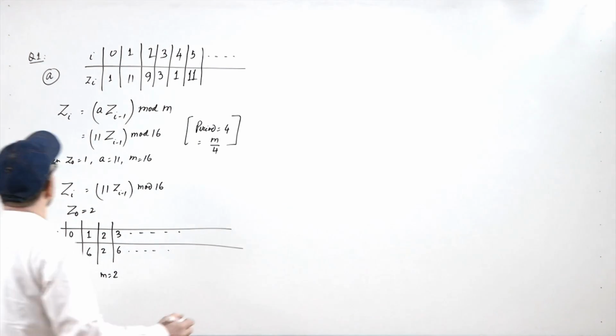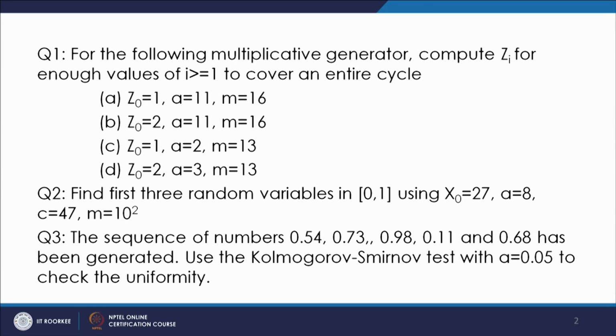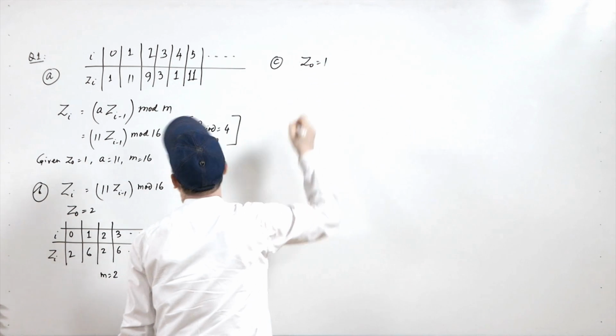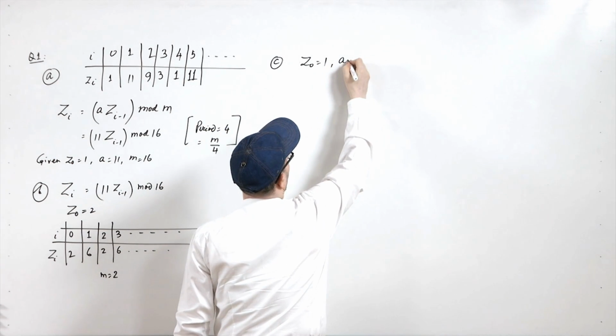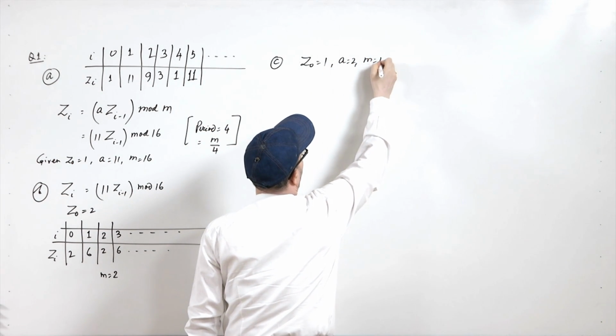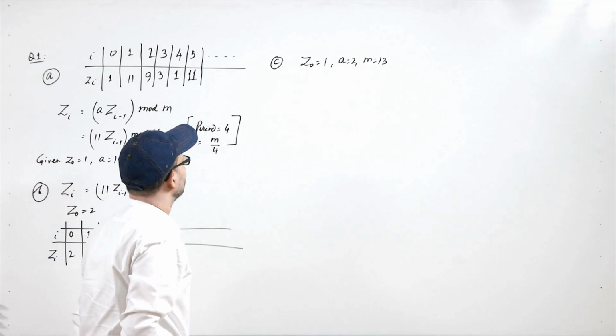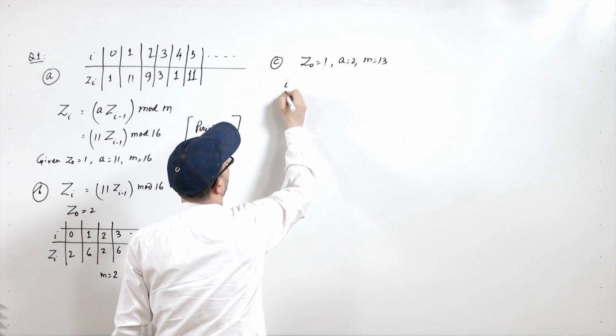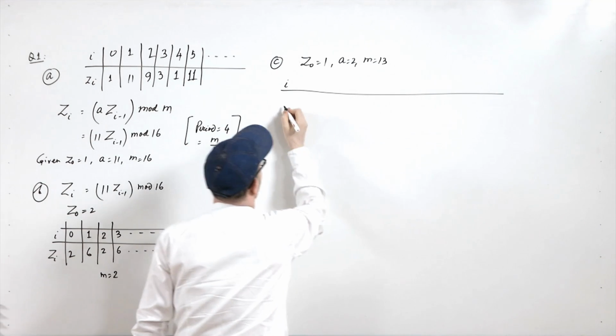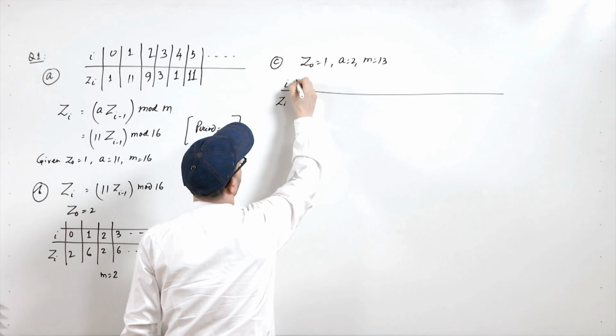Next question, C part. In C you have Z0 as 1 and A as 2, M as 13. Now, in this case what will happen? You have I and Zi.